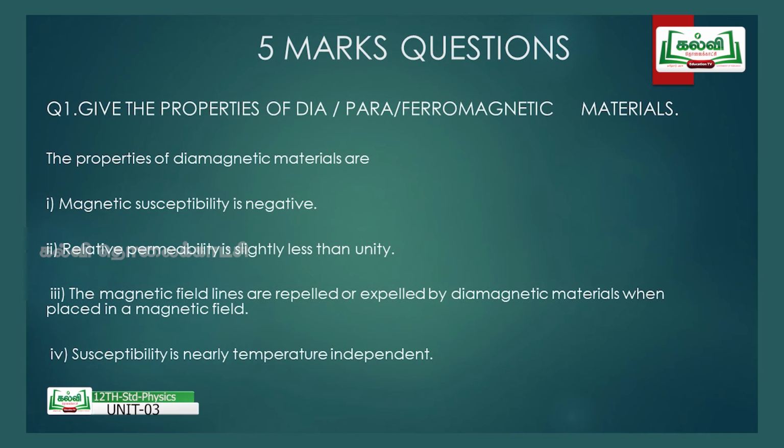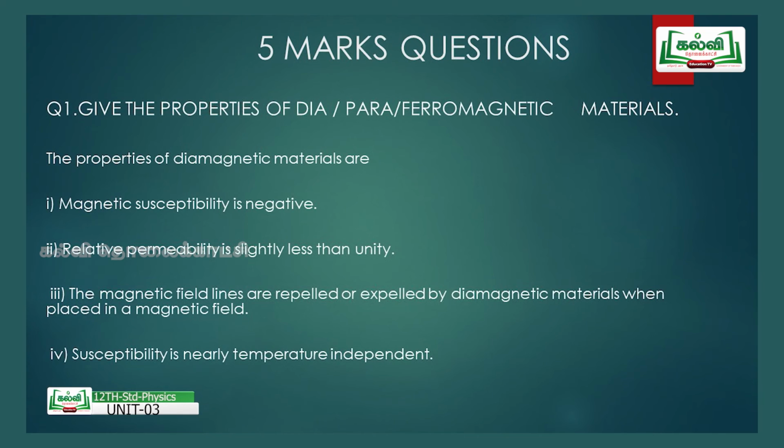Then relative permeability. Relative permeability is slightly less than unity, and the next one is about magnetic field lines. The magnetic field lines are expelled or repelled by the diamagnetic material when placed in a magnetic field.